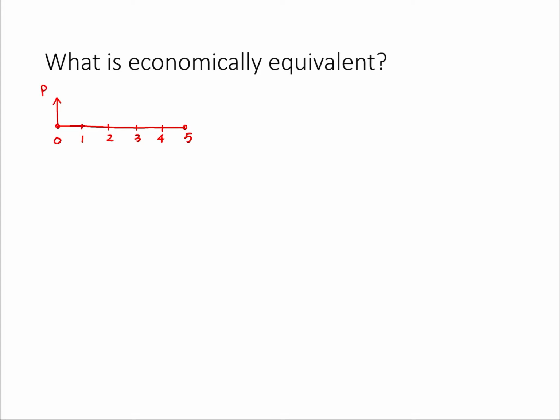Let's say it's P0, and the income is $1,000 US. So in this case, we have some money coming in at the beginning of our first period.